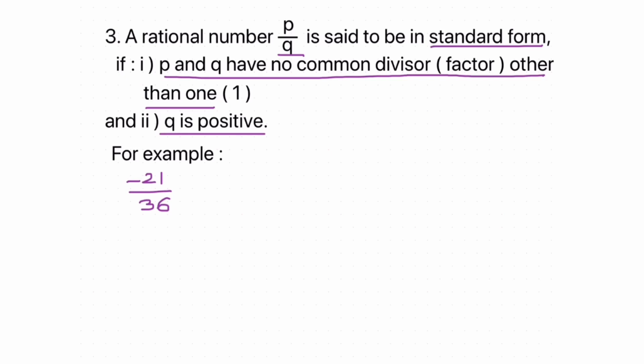Minus 21 by 36 is not in standard form as 21 and 36 have 3 as a common factor. Cancelling out the common factors, we get minus 21 by 36 equal to minus 7 by 12. Now, common factor between 7 and 12 is 1 and the denominator is positive. So, we can say that rational number minus 7 by 12 is in standard form.